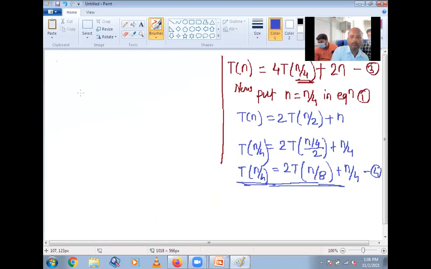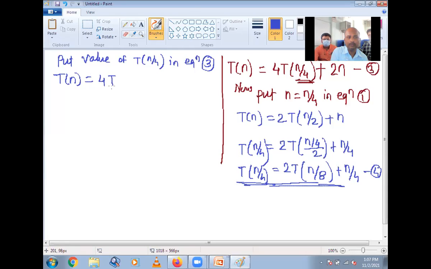Now, from equation 3 and 4, put the value of T of n by 4 in equation 3. I will write equation 3 as it is first. T of n is equal to 4 T of n by 4 plus 2n.